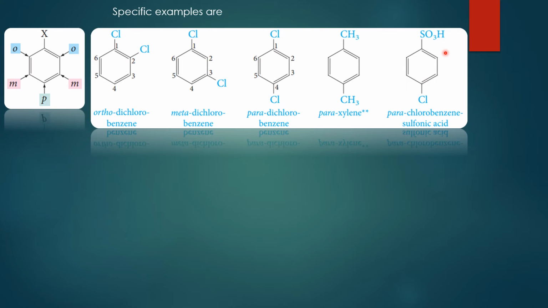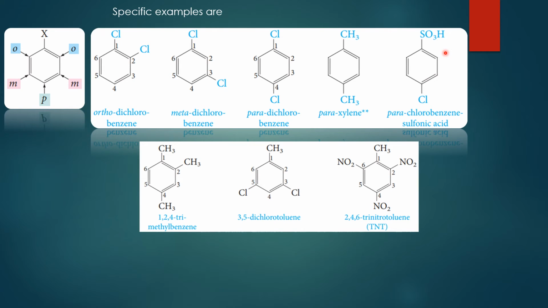Although meta and para designations are commonly used in naming the substituted benzenes, position numbers can also be used. For example, ortho-dichlorobenzene can also be named 1,2-dichlorobenzene, and meta-chlorophenol can also be named 3-chlorophenol.